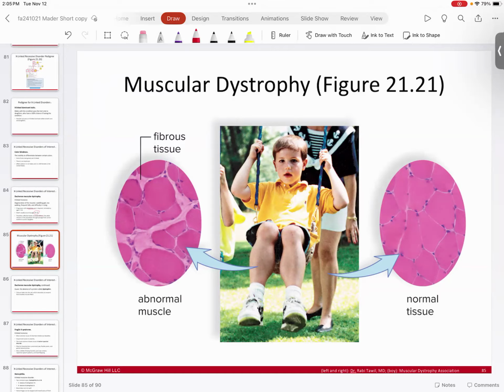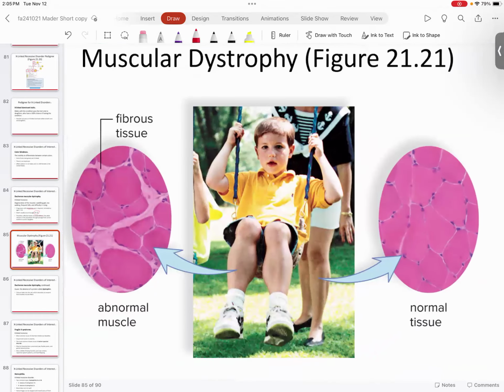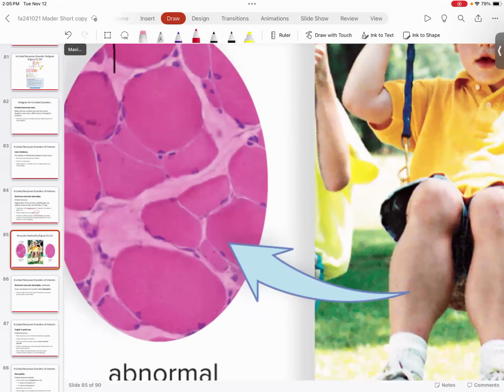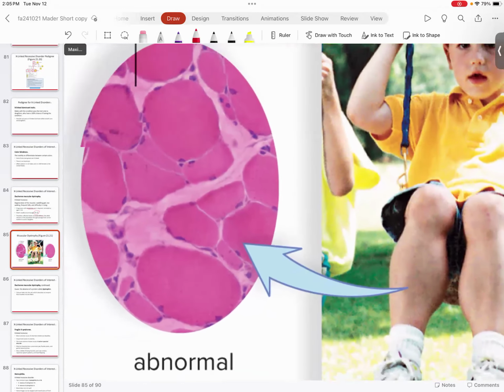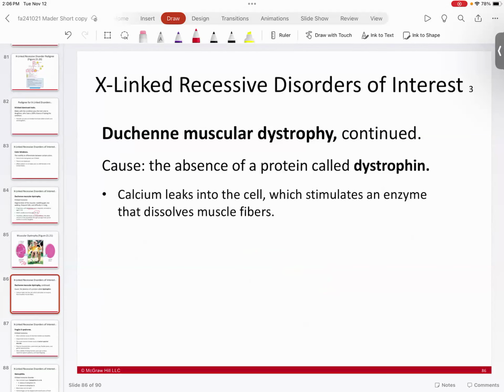So this is kind of what normal skeletal muscle tissue looks like. And then when you get muscular dystrophy, you can see how you have a loss of muscle tissue. Now the cause of this is a mutation in a protein called dystrophin.